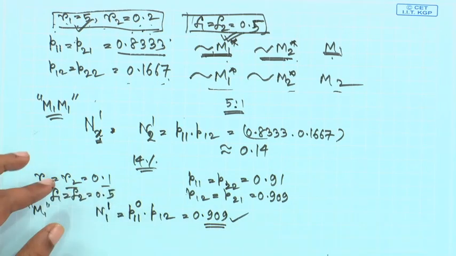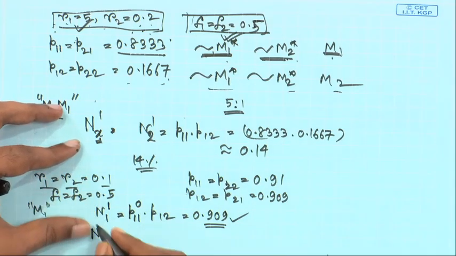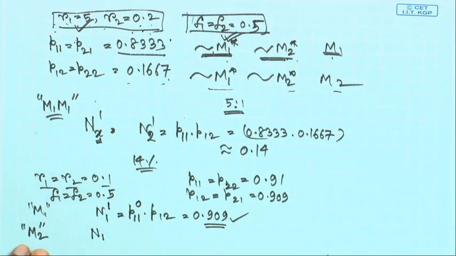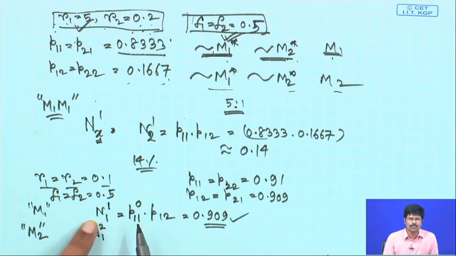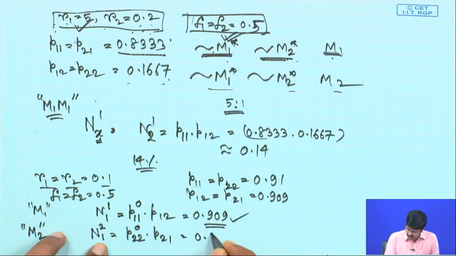What is the situation of, let us say, an M2 unit which has a single unit present, that means only M2 and flanked by M1s. So, that will be N12, because this is the second monomer, 1 is the sequence length. So, that will be P22 to the power 0 into P21, that will also be equal to 0.909.